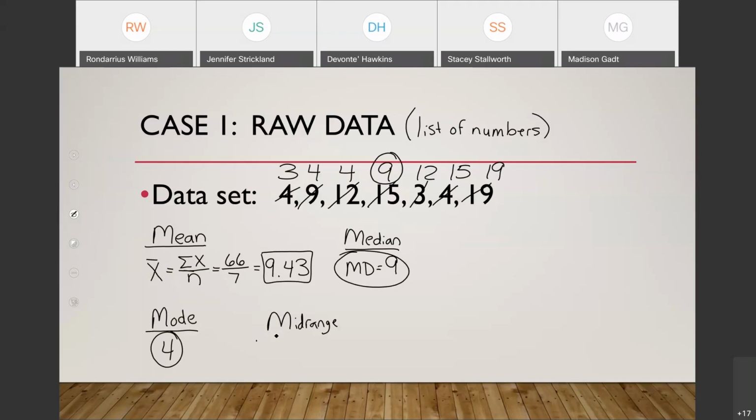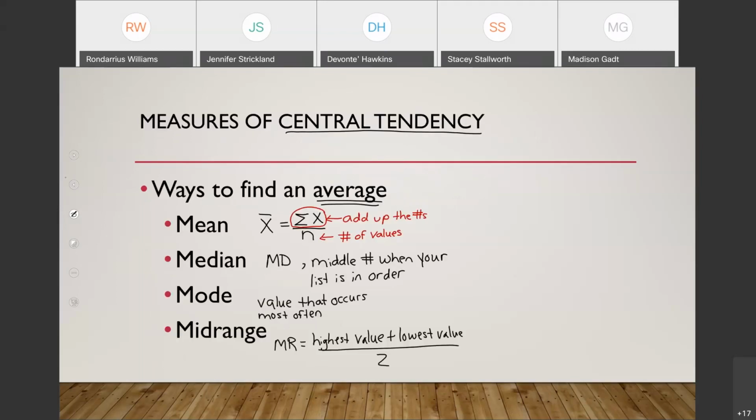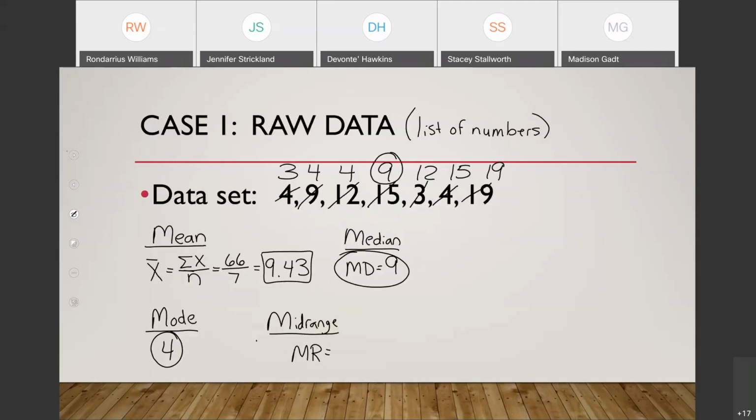And then finally, mid-range. So we're taking the highest and the lowest, adding them, and dividing by 2. My highest is 19. My lowest is 3. And I'm going to divide by 2.